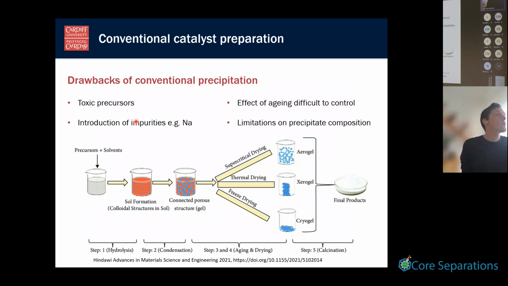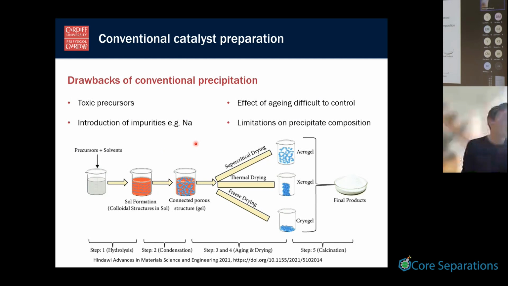So thinking about conventional catalyst preparation methods, there are a lot of positives. That's why they're used very commonly. They're often very easy to use, they're very scalable, but in many contexts, there are drawbacks to them. And some of those involve the fact that you have to use toxic precursors or solvents. Sometimes the introduction of impurities such as sodium is inevitable.